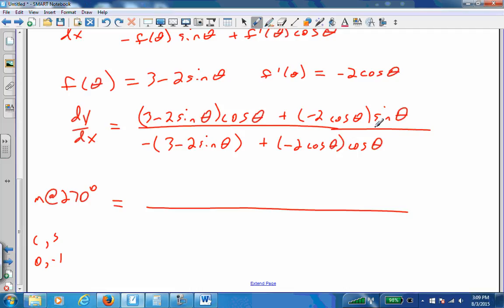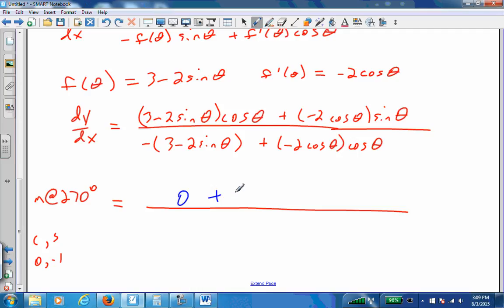So when we substitute in for all these sines and cosines, sine is negative 1, cosine is 0. So if cosine is 0, what happens to this term? That term is 0.